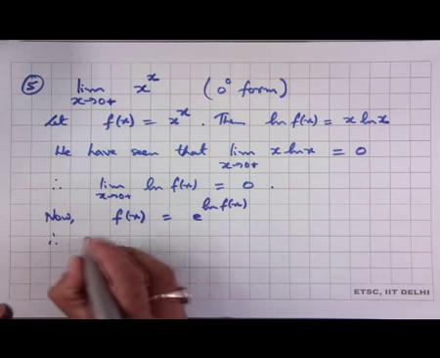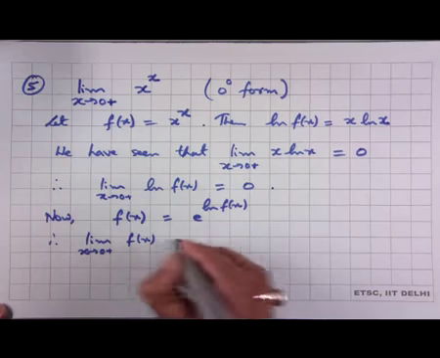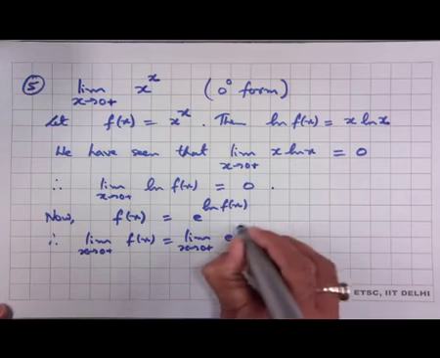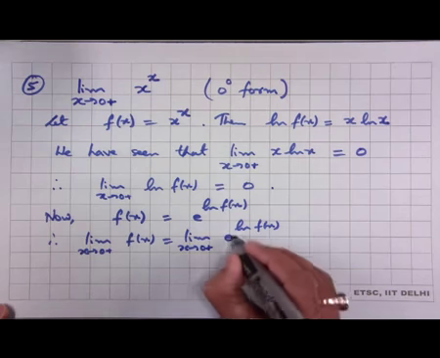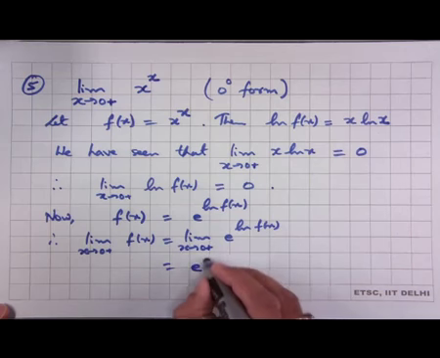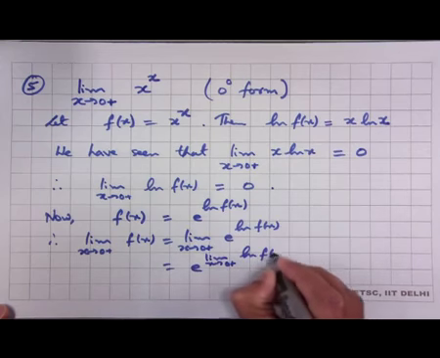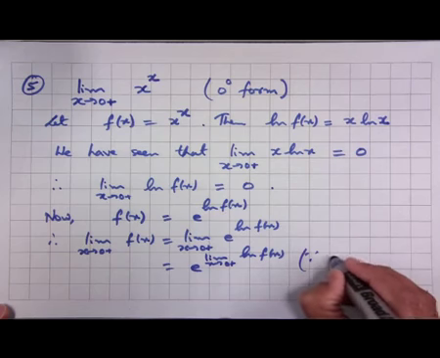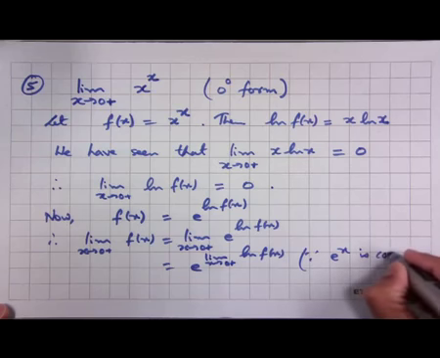So, therefore, limit x going to 0 plus of f x is nothing but limit x going to 0 plus of e to the power log f x, and because exponential is a continuous function, this is equal to e to the power limit x going to 0 plus of log f x. This is because e to the x is continuous.